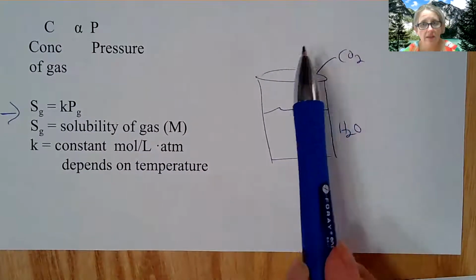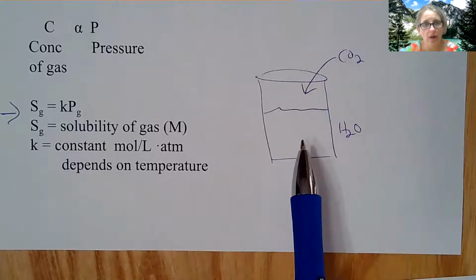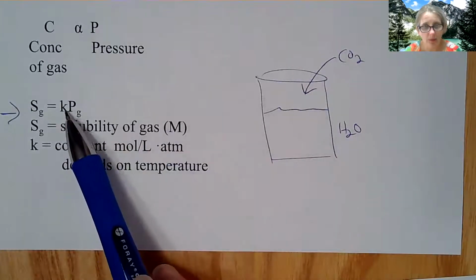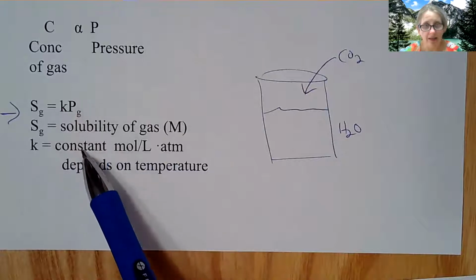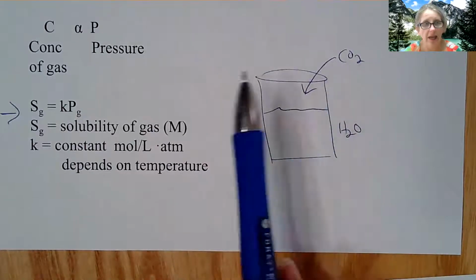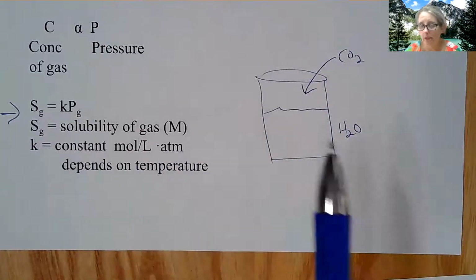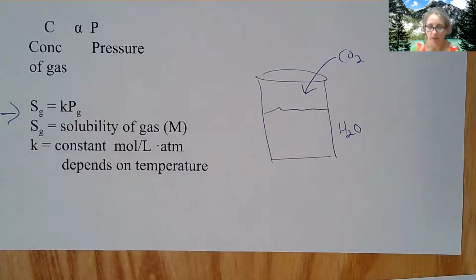So again, the CO2 is trying to get into that water, so depending upon what the gas is, and that constant is going to be directly related to the gas, you're going to get more or less to dissolve in there. So that's gases. Gases have to do with pressure, but we're also going to deal with temperature.